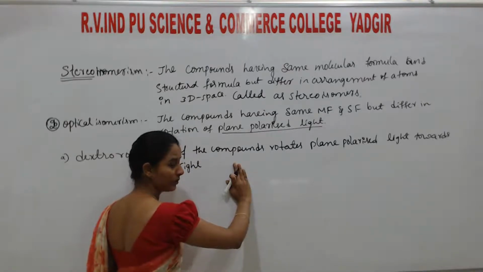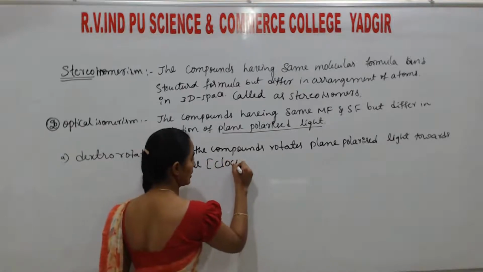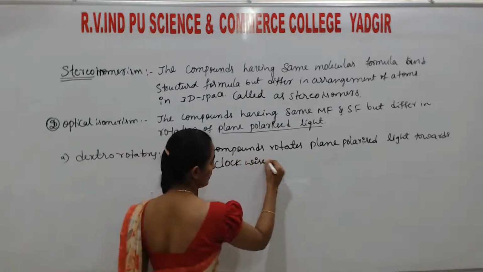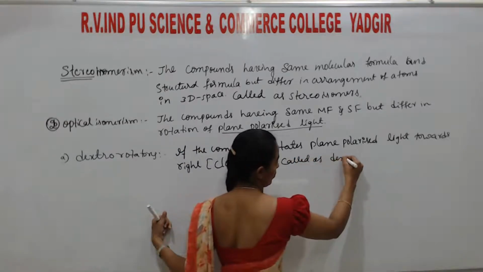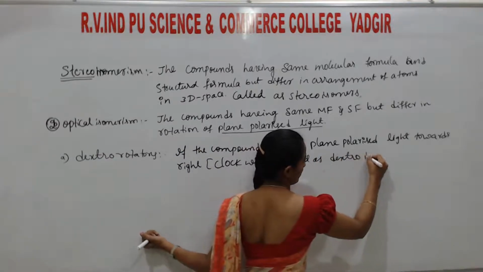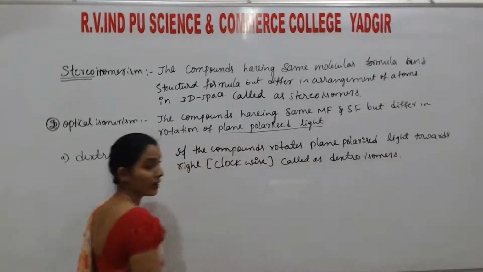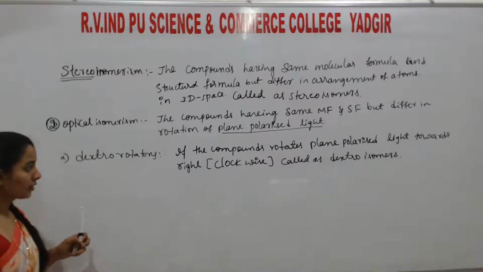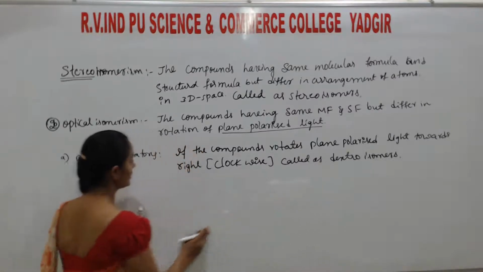Correct? Right means like this, means clockwise, it is called dextro isomers. So students, only isomers will form, there is no isomerism. Okay? Dextro isomers. So I write the example here.